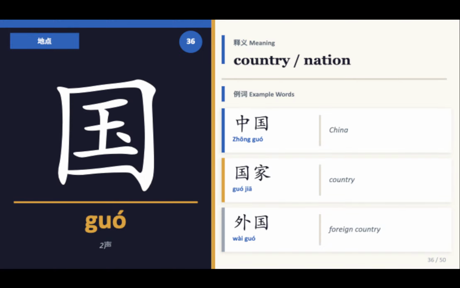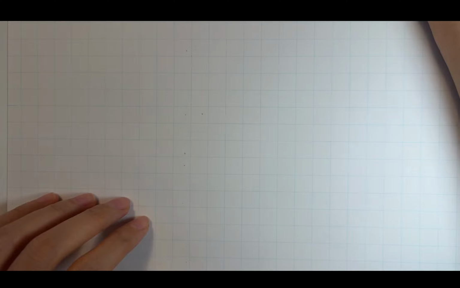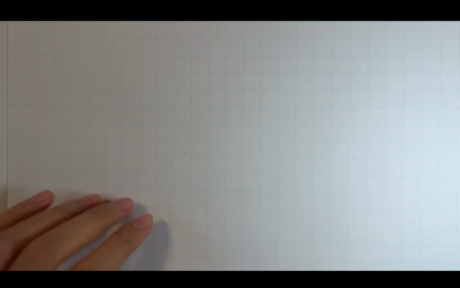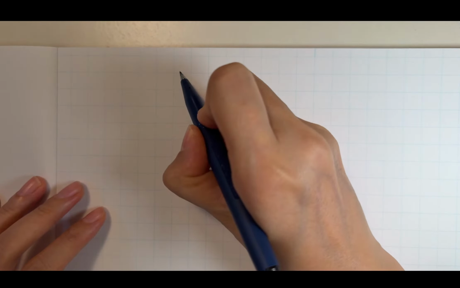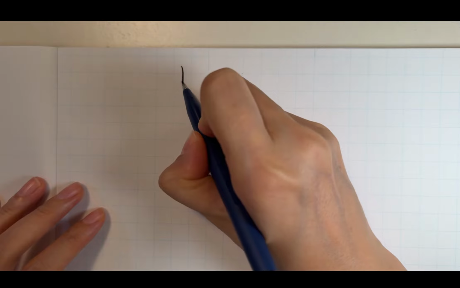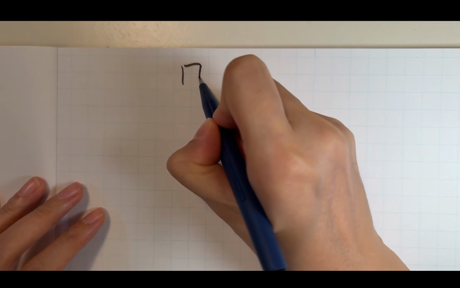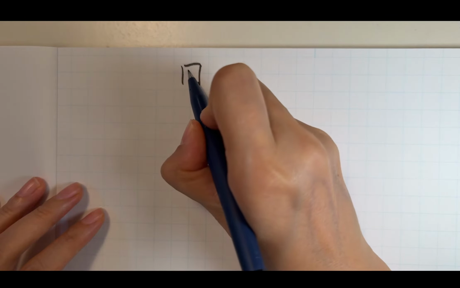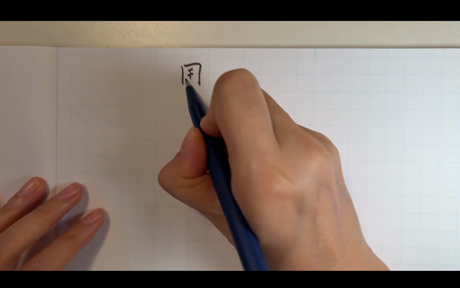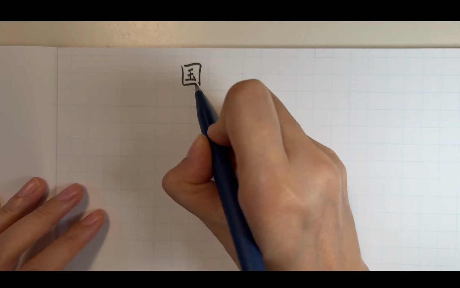So let's see how to write the 国家. So remember, 国 is like a box. So we have to draw like 3/4 of the box and put something in. This time we're putting the jade, some treasure inside, and then close the box.